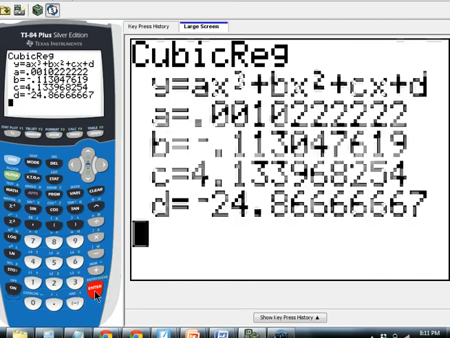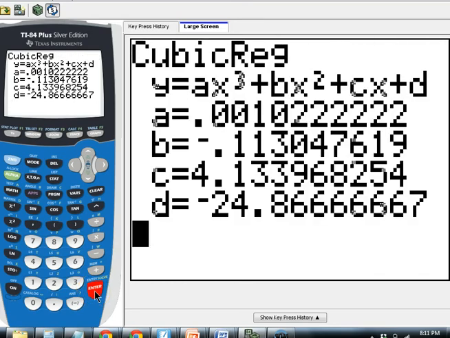We do the cubic regression here, and we can find that our equation is going to be 0.001 x to the third minus 0.113 x to the second plus 4.1434 x minus 24.87.